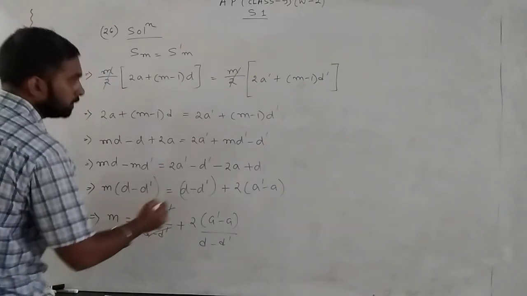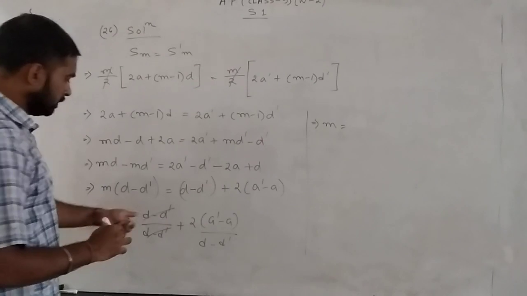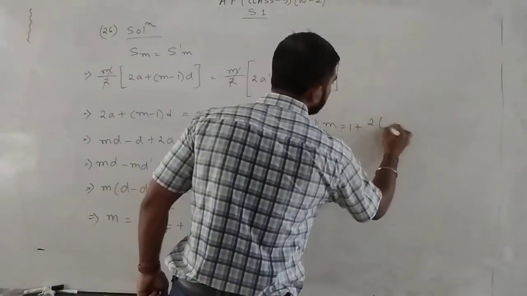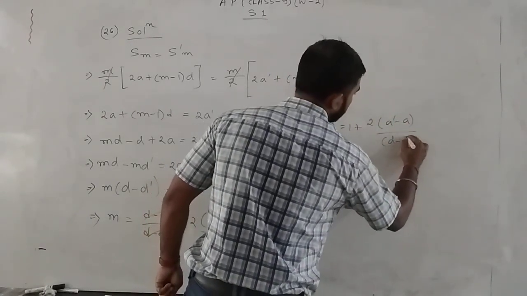Okay, both will cancel. So it becomes m equal 1 plus 2 into A dash minus A by D minus D dash.